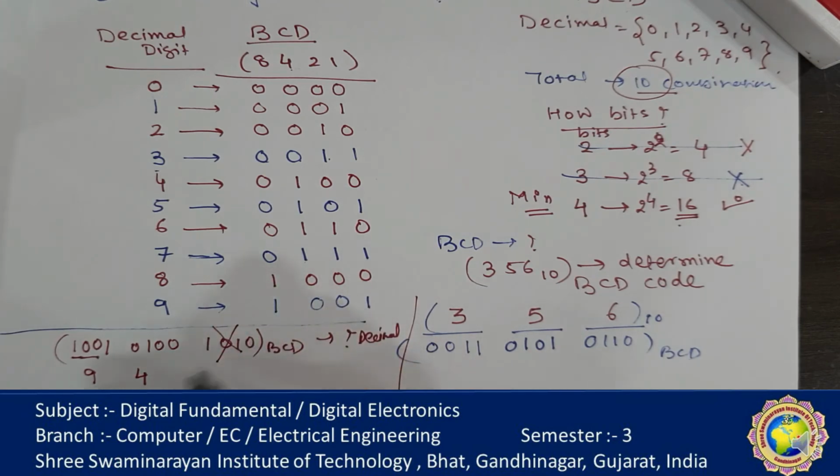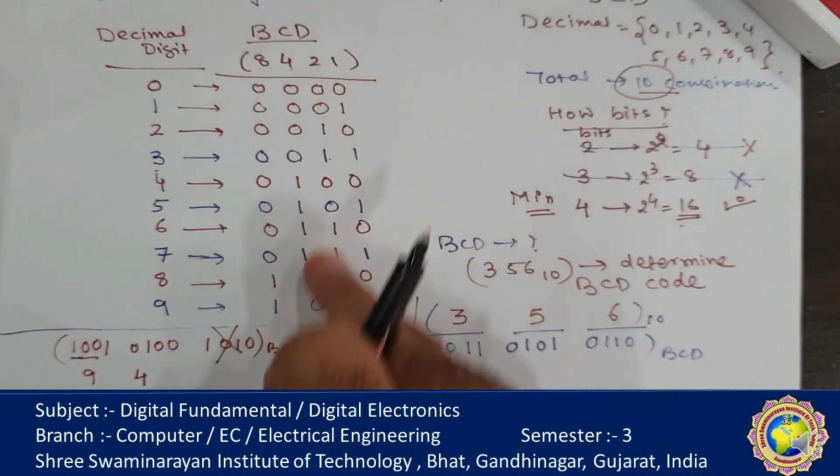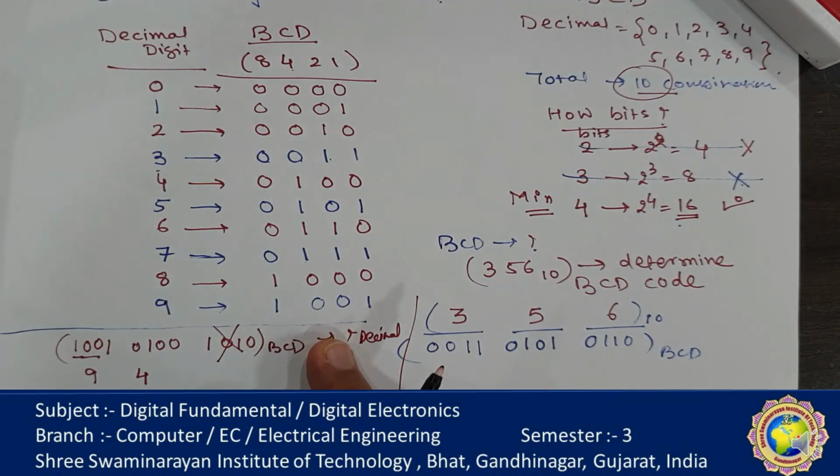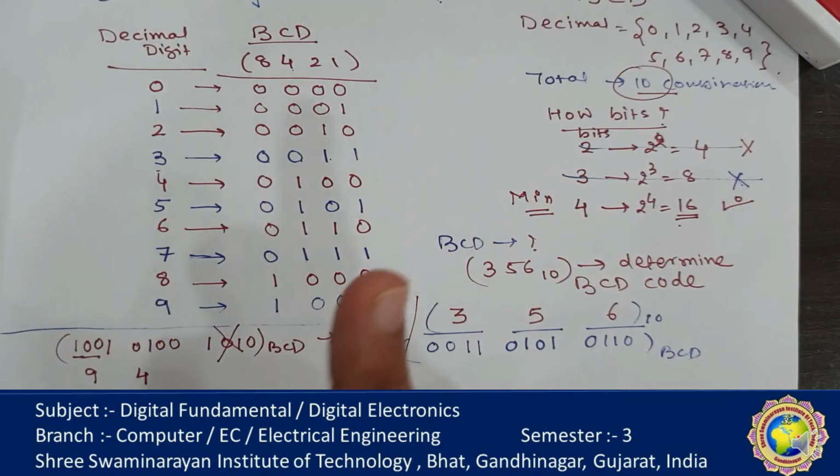Oh, this is not a valid BCD number. So that means a few remaining combinations are not valid BCD code 8421. Remember that, 8421 has invalid BCD combinations.